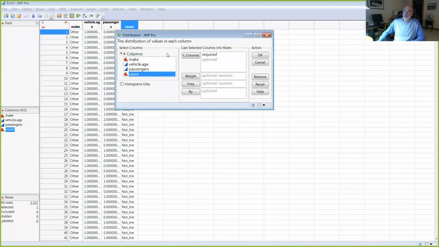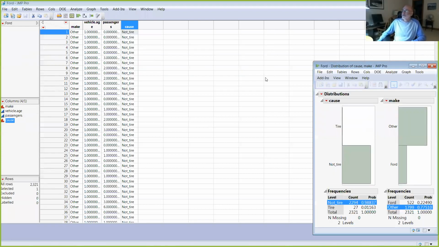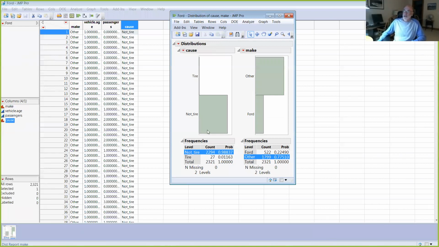Let's just look at the descriptive information of that and the make of car. Very few of these crashes were tire-related. Only 27 out of 2,321, that's a little over 1%, were tire-related. And this is whether Ford was involved or some other car.